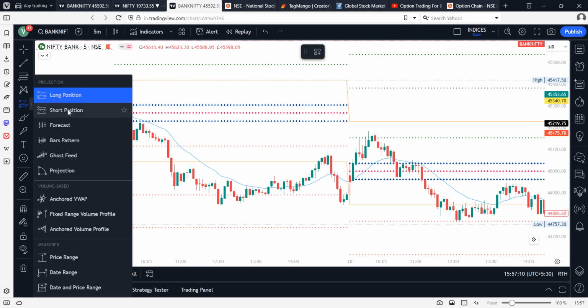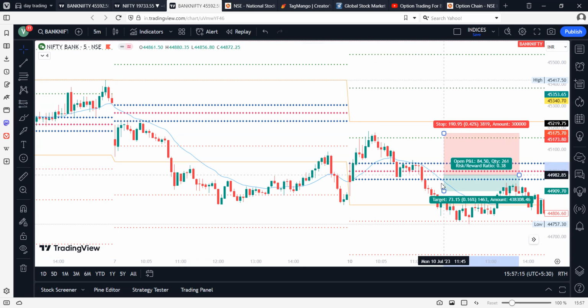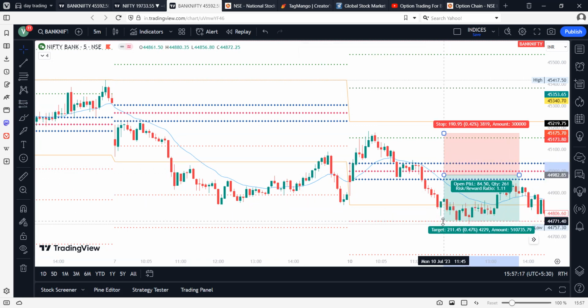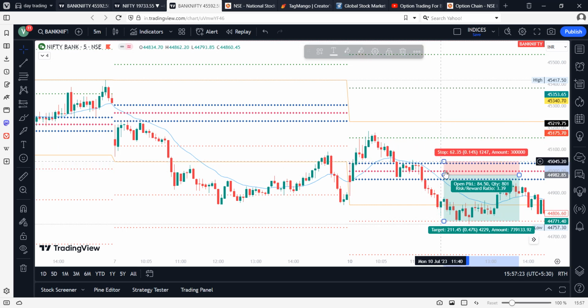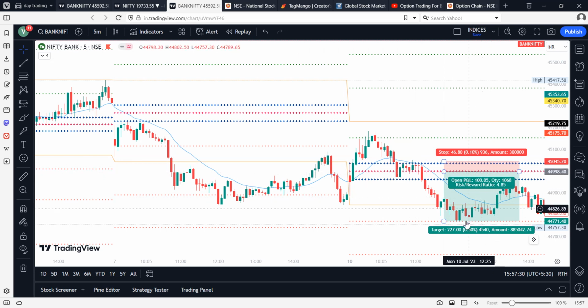This is a short position. Your entry should be somewhere here and your target should be here.